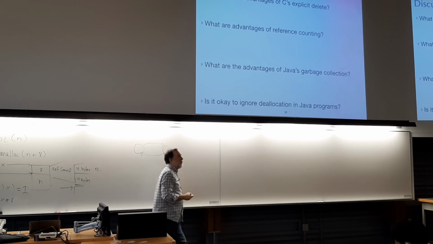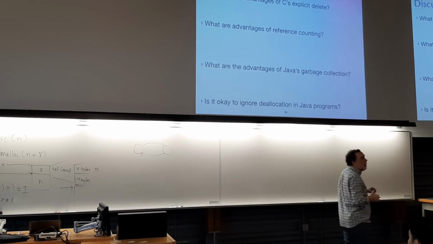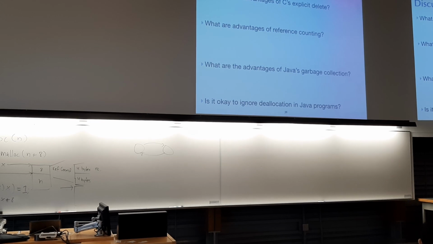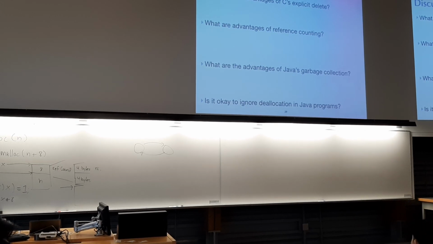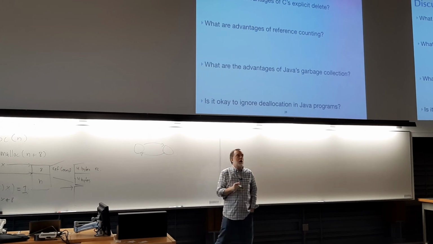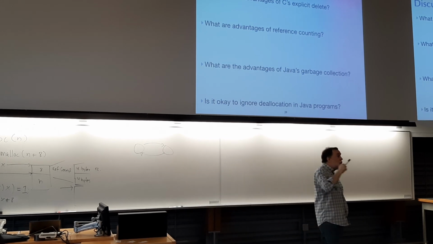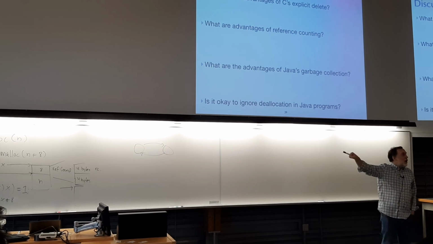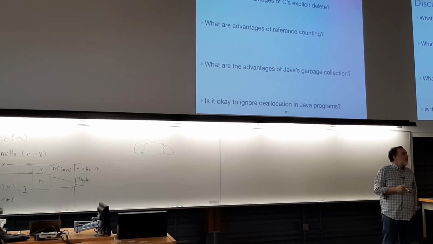What if I have two objects that are pointing to each other, and nothing points to them? What's the reference count of those objects? One. In a manual reference counting system, I could decide where to put the keep ref. But when I'm doing it automatically, it's going to be one and one. But that's garbage because there's nothing pointing to it.